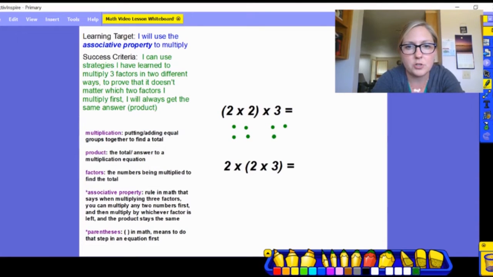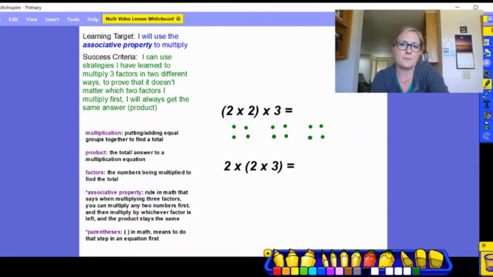And if I wanted to show 3 times 2 times 2, it might look like that. So it's kind of like I'm drawing that same 2 times 2 array, and I'm just drawing it 3 times. And if I were to add up all those dots in the array, I should get a total of 12.